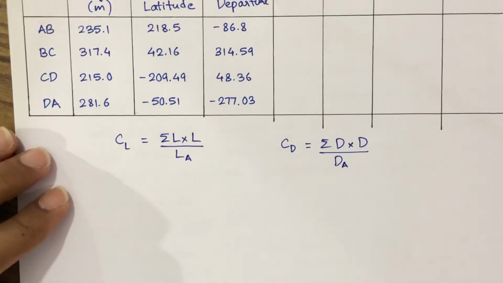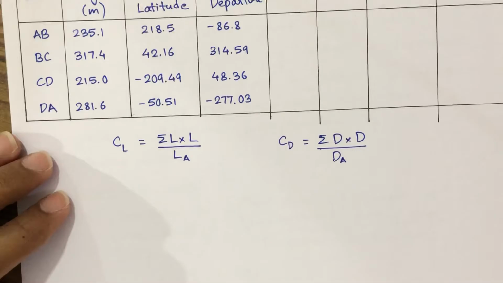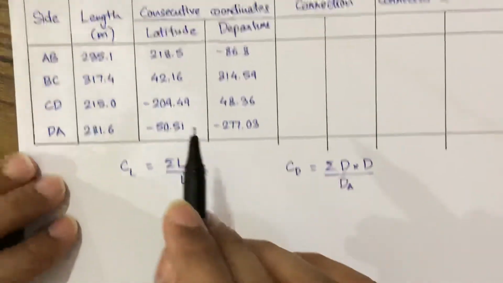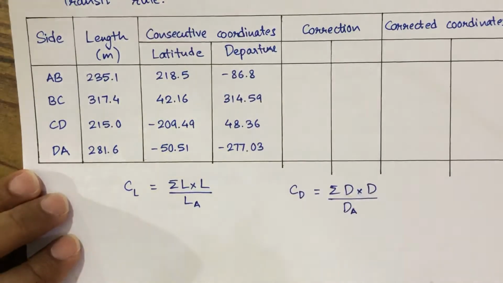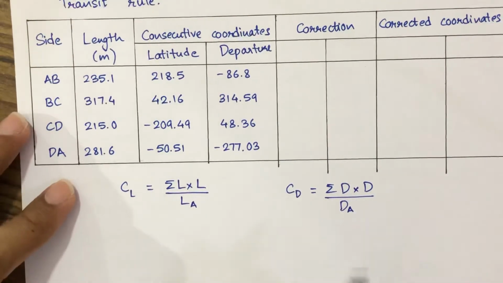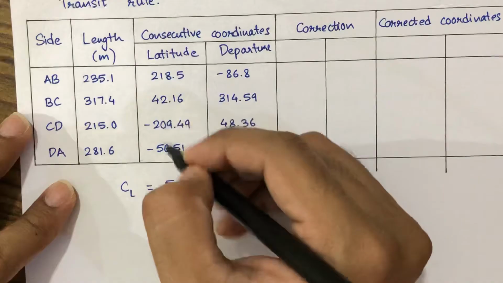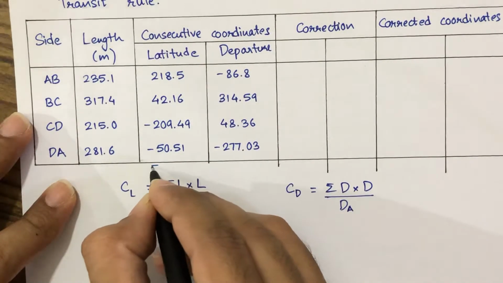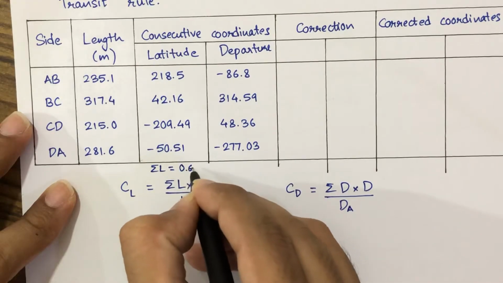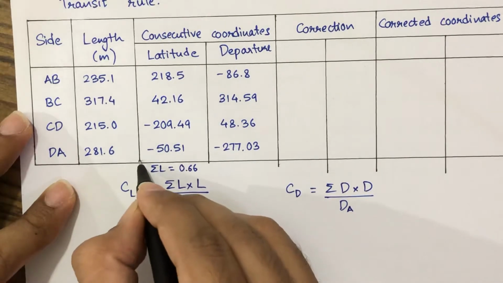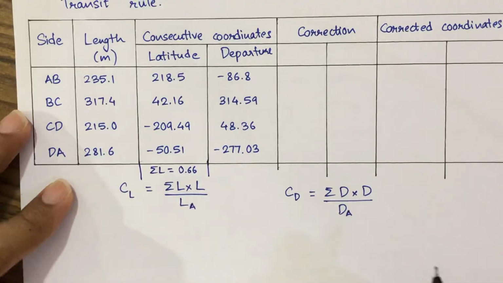Now here we need to find the total error in latitude. When we add up all these values, the total error in latitude, summation L, came out to plus 0.66.